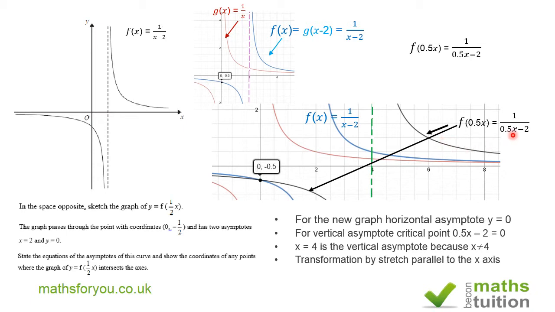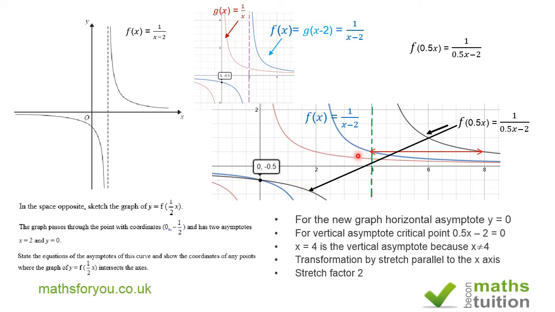And also note here that if x is 0, y is minus a half. So in effect, the other question we ask is, at what point do they cross the axis? This is one of the points, 0 and minus 0.5. So that point is invariant. It does not move after transformation.